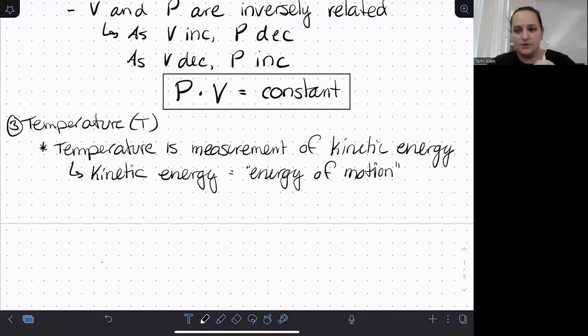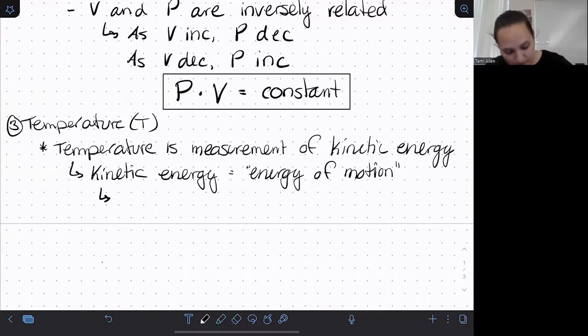There's also a relationship between mass and kinetic energy. But if you're talking about the same substance, the mass is going to stay constant. So it's just as the kinetic energy changes, the speed is changing. So when we're measuring temperature, we're measuring the kinetic energy of particles. So as the temperature is changing for those particles, the speed is changing.